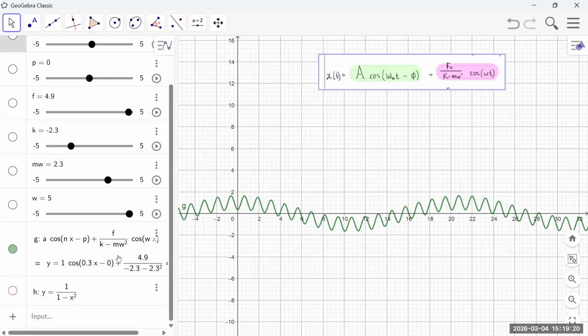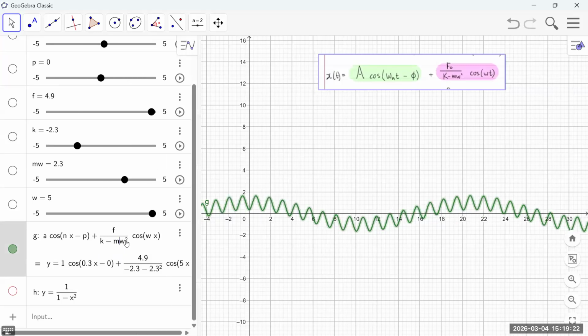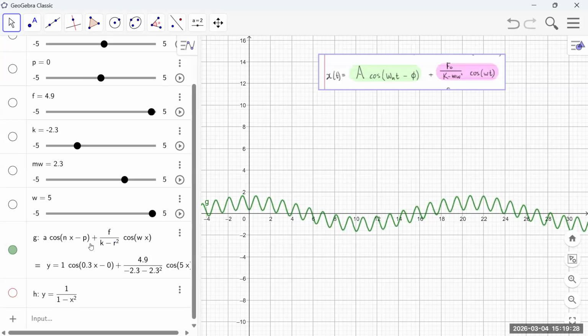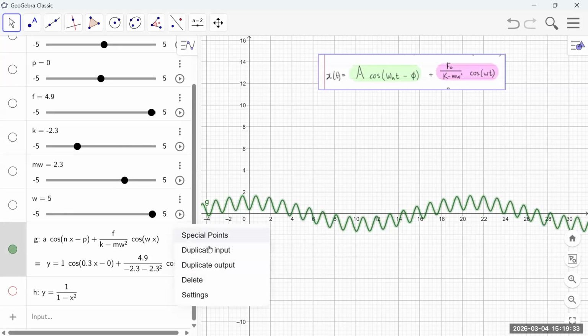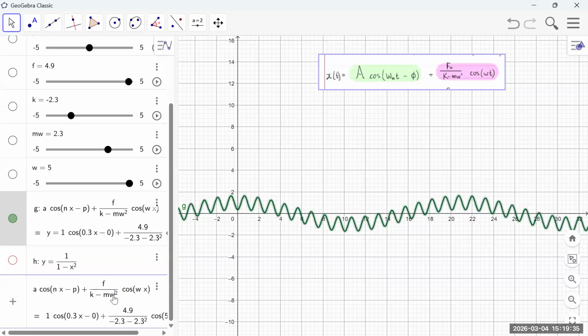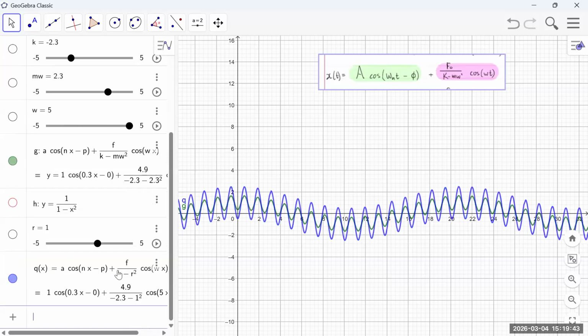I want to show you what happens when we rather make this part just R. So remember that R now represents the omega over omega n, right?